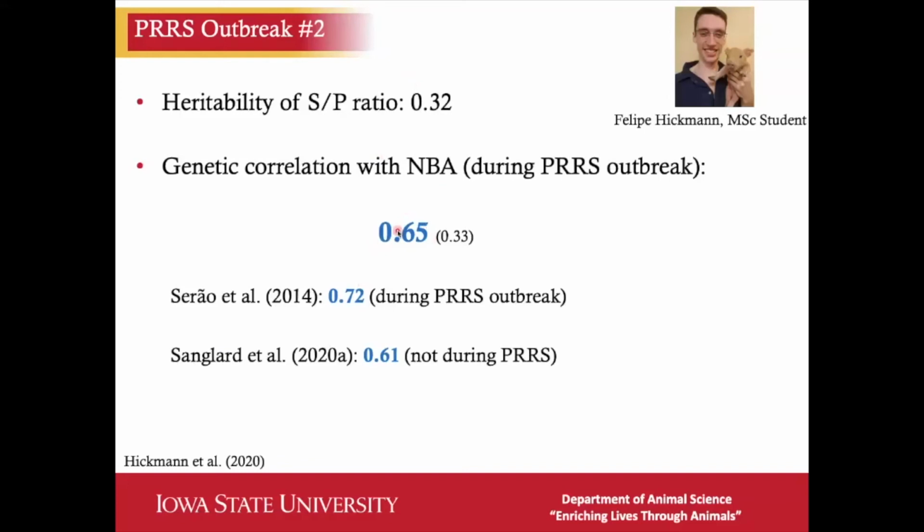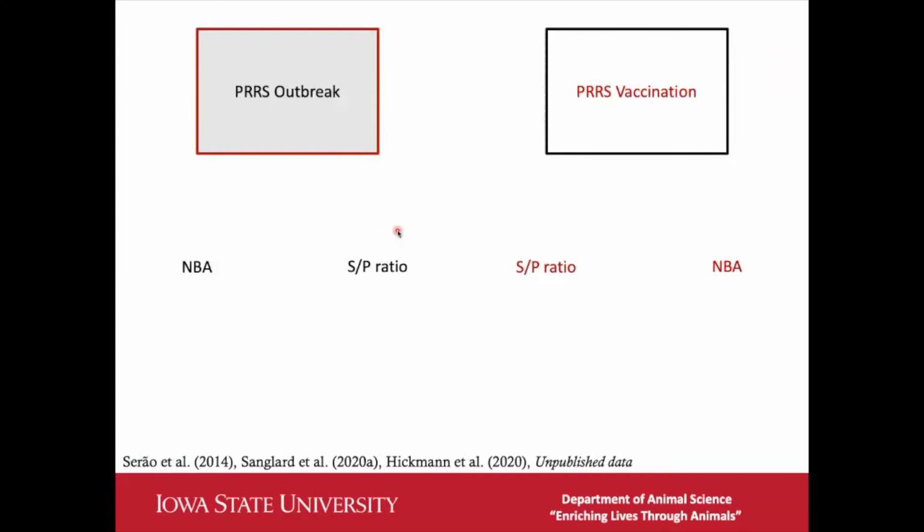So putting all of these together, before I move to the final topic, we can think of exposure of these animals to PRRS through 2 ways. One is through an outbreak, an uncontrolled natural way that no one wants, and through PRRS vaccination. Most of the farms use vaccination for PRRS.